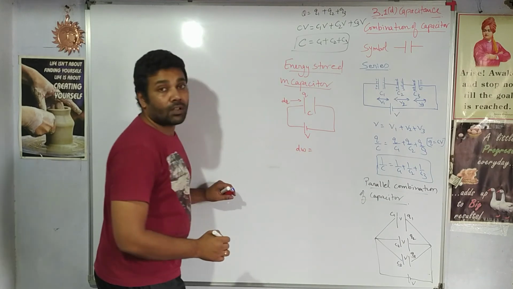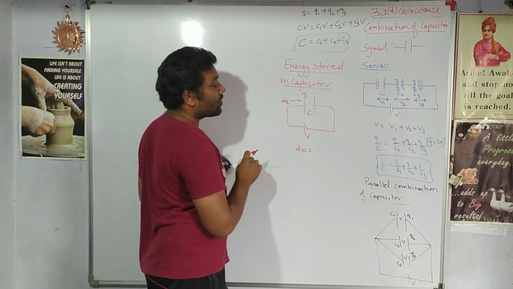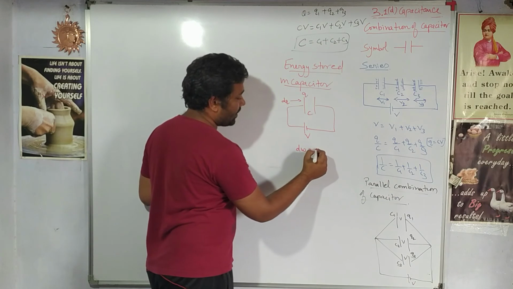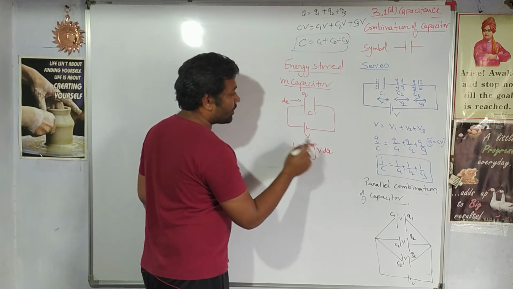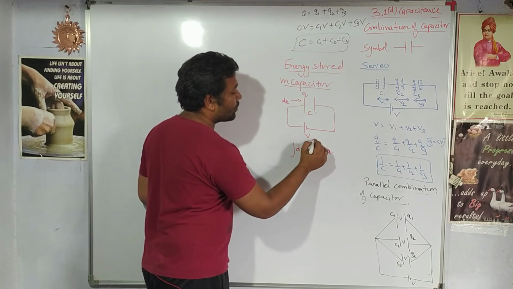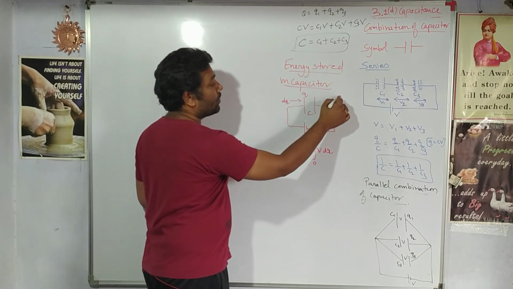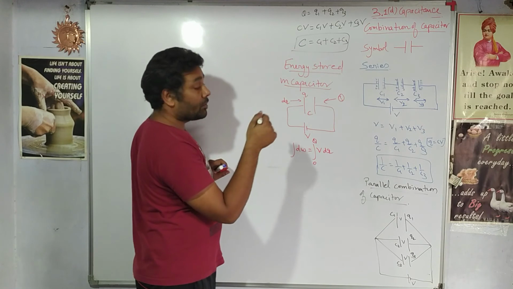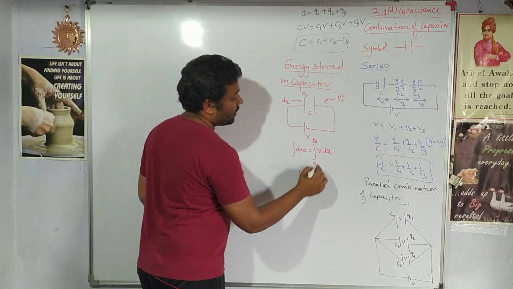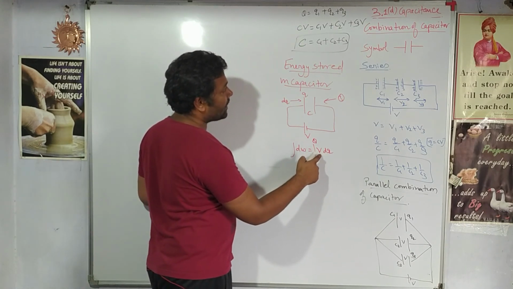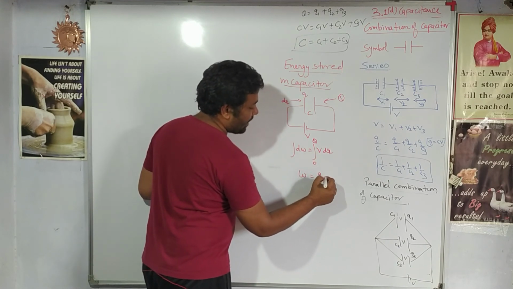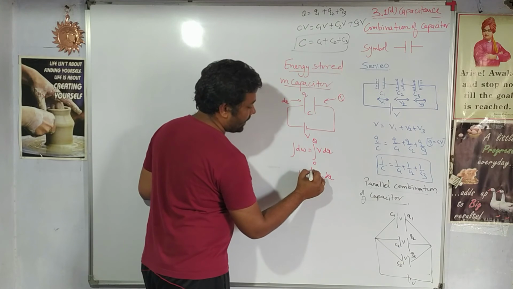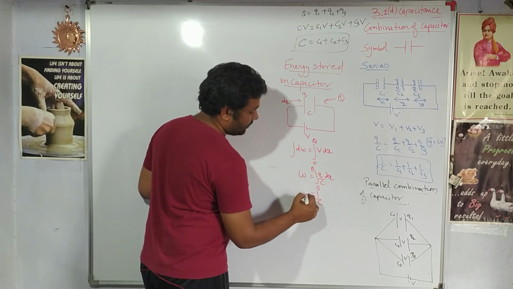The small amount of work done in giving the small amount of charge dq to this capacitor is potential into charge. What will be the total work done in giving the charge 0 to Q? I want to give total Q amount of charge. So what will be the total work done? Now if you simplify, V can be replaced as Q by C. Let us simplify, 1 upon C common.